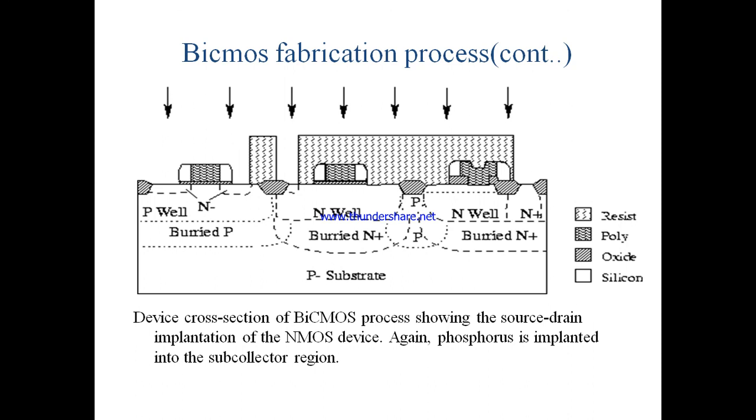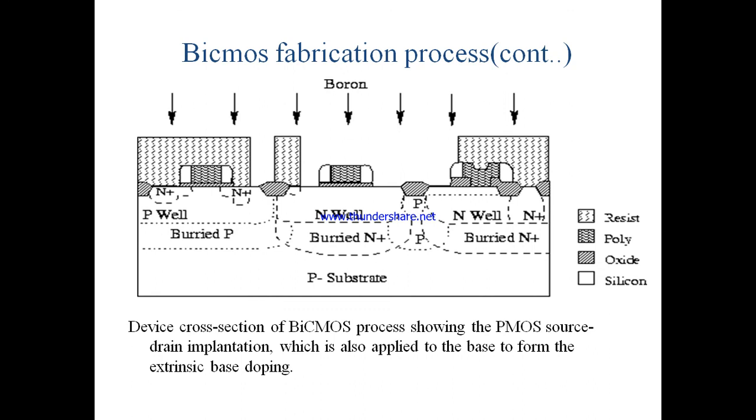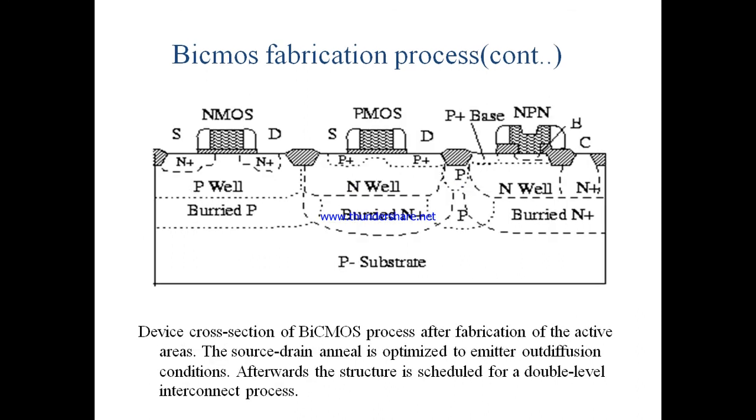In the source and drain implantation of the NMOS device, again phosphorus is implanted into the subcollector region. The PMOS source drain implantation is also applied to the base to form the extrinsic base doping.